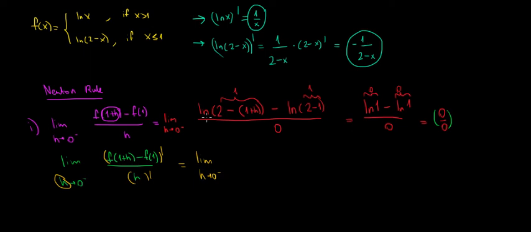The derivative of f of 1 plus h is going to be the derivative of ln of 2 minus 1 plus h, minus the derivative of f of 1, that's just the derivative of ln of 1. ln of 1 is a value, is 0, while the derivative of any constant is just 0. So minus 0, divided by the derivative of h. Well, h is the variable of interest, just like it used to be x before. The derivative of x was 1, so in our case the derivative of h is 1.